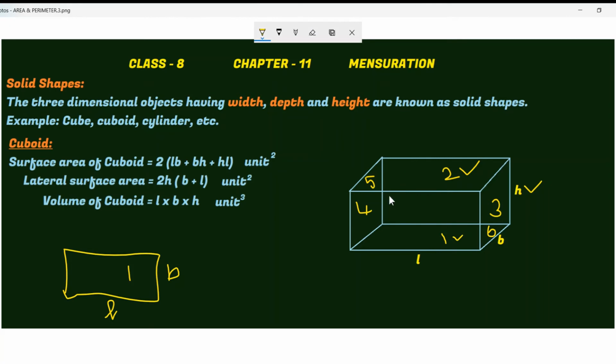So the upper side and down side are length into breadth plus length into breadth. This side, the third side, is breadth into height, and this fourth side also breadth into height. Plus, here we have to write plus.